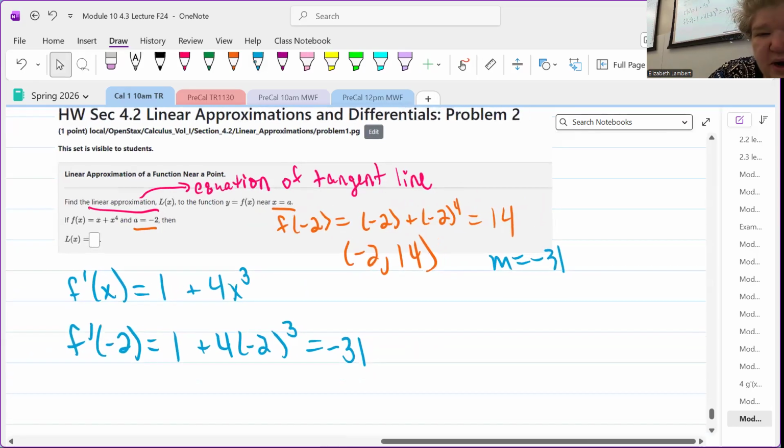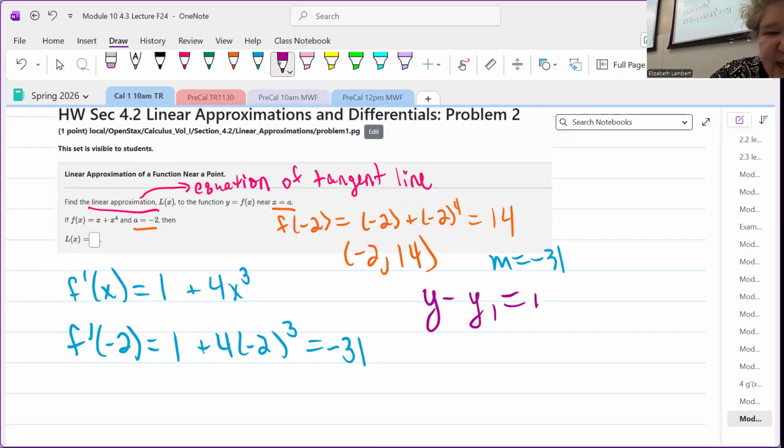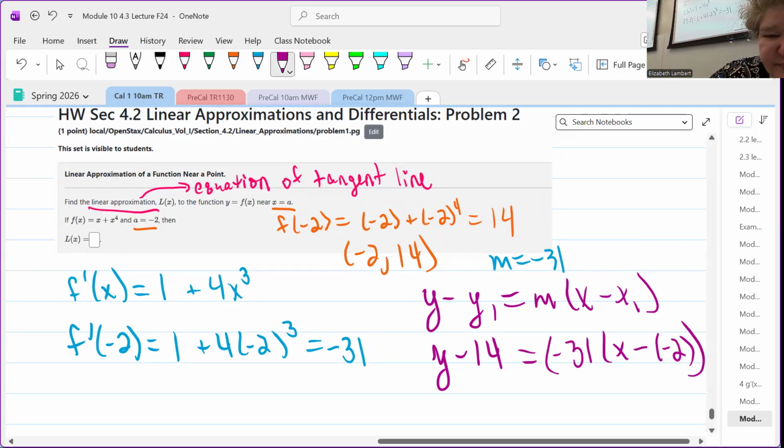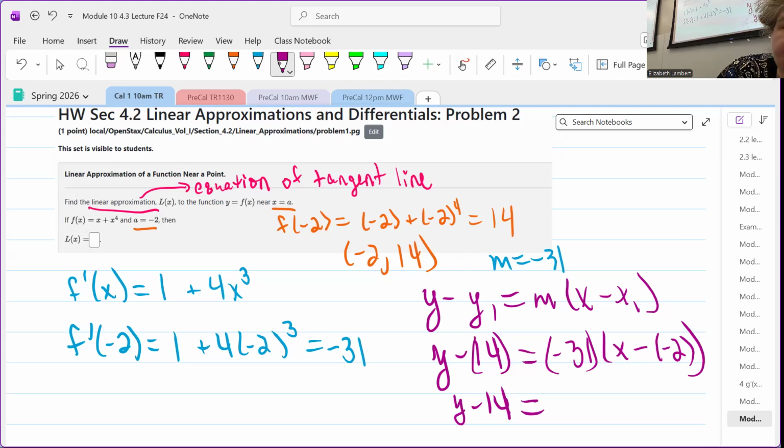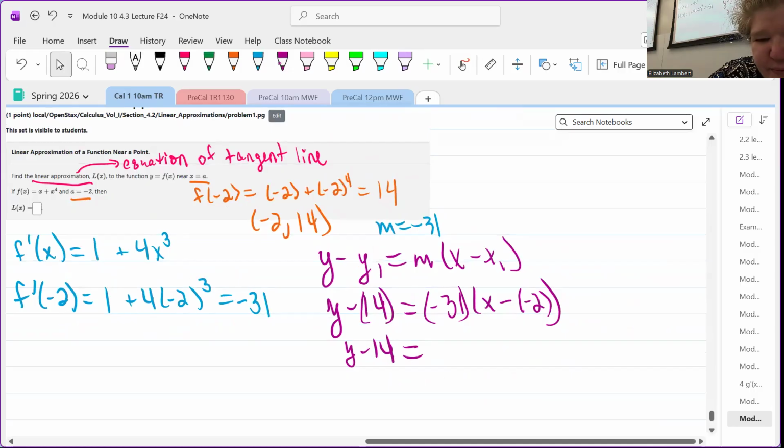So our equation of the tangent line, y minus y1 equals m times x minus x1. So y minus 14 equals -31 times x minus -2. And then since it says L of x equals, I need to actually solve for y.